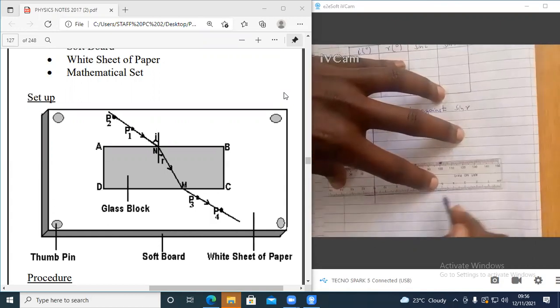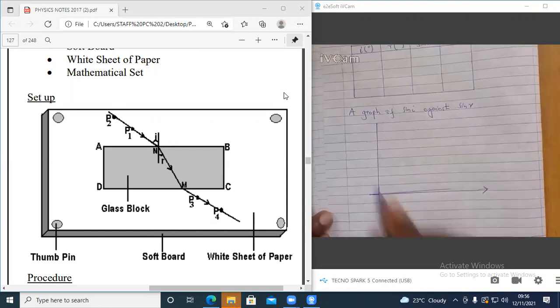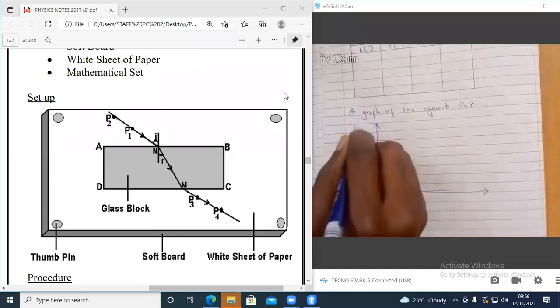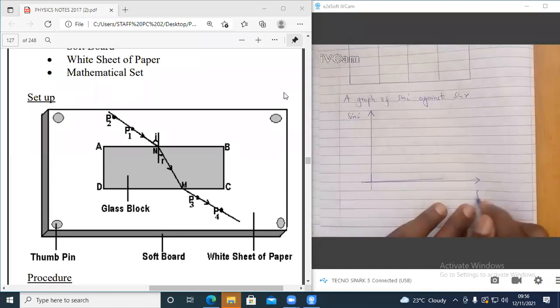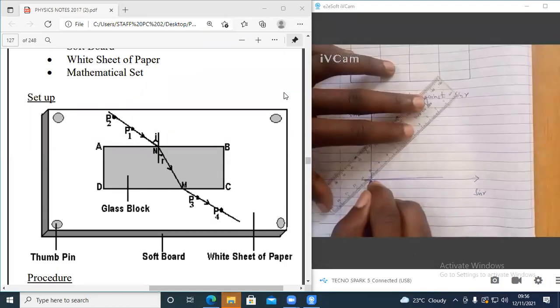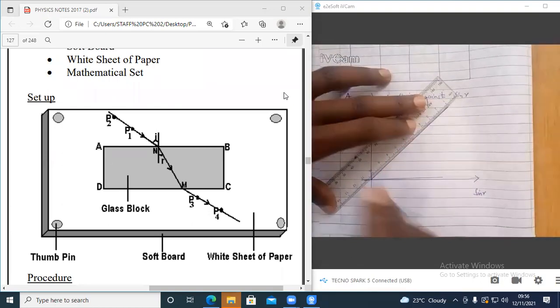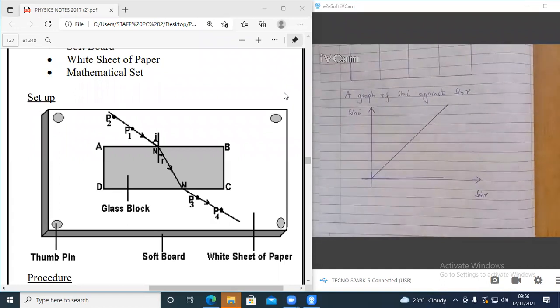On the vertical axis, we shall have sin I, then on the horizontal axis, we shall have sin R. Then the graph will be a straight line graph like that. Members, have you seen that?